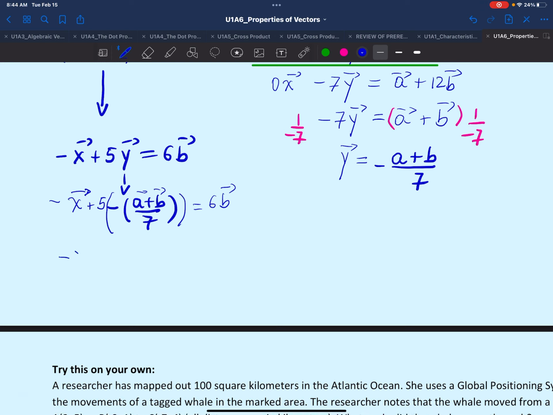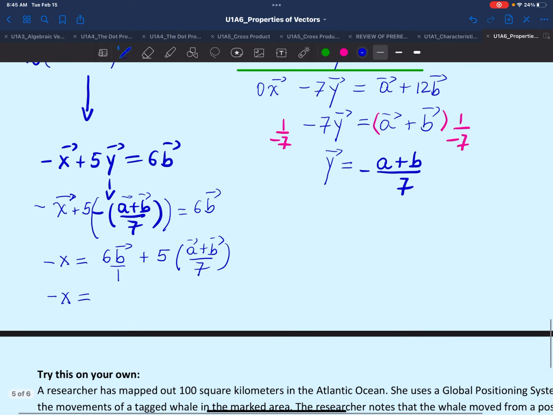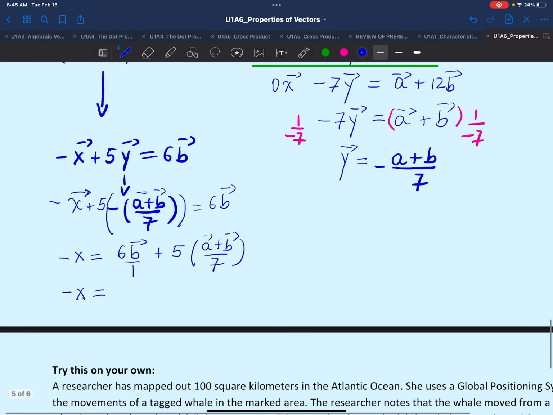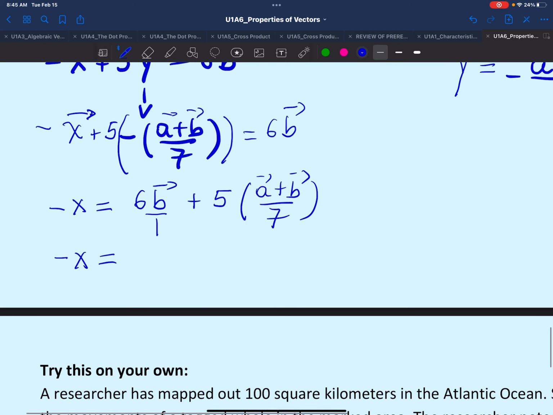So we have negative x equals, so we have 6b on the right side, and we're going to bring over the negative 5, which will become positive 5, a plus 12b over 7. So negative x equals, you want to make the denominators the same on the right side. So 7 and 1 have a common denominator of 7.